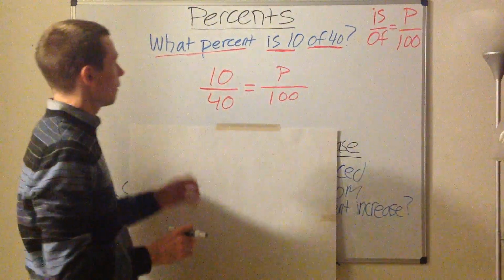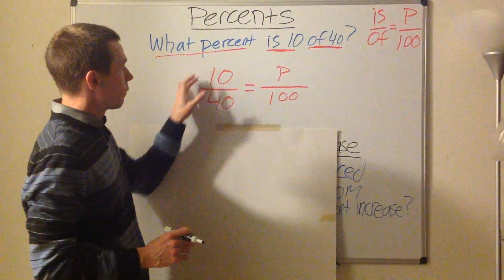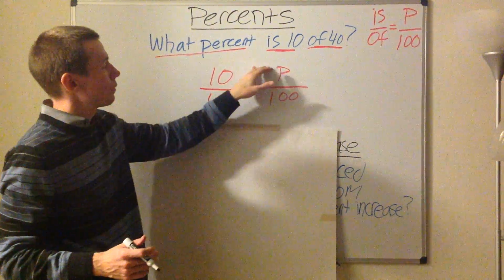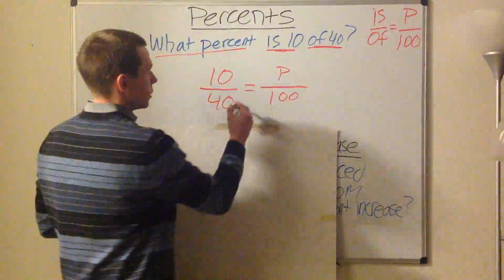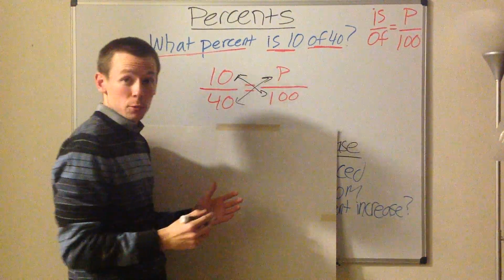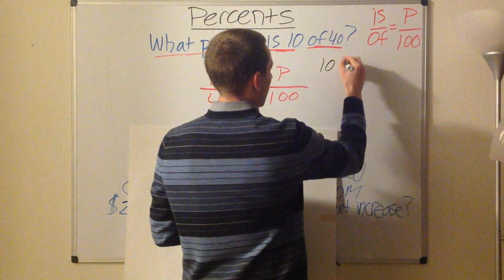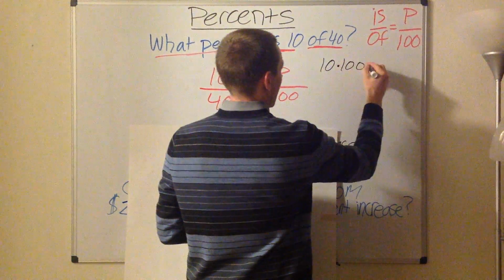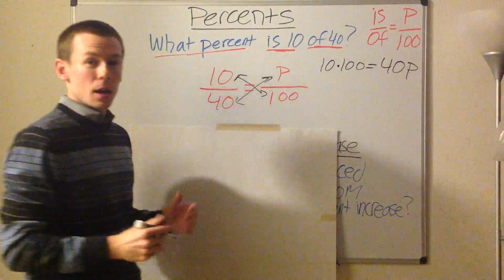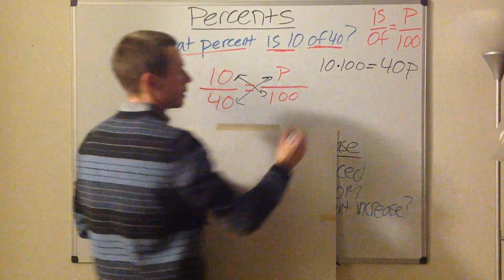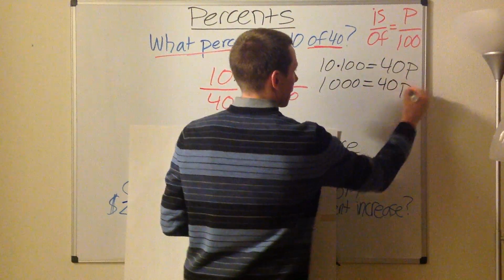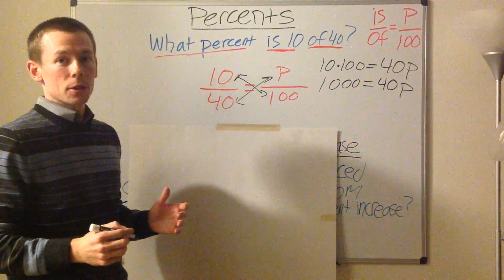Okay, so now we have our proportion set up. 10 over 40 is equivalent to what out of 100? So we will cross multiply. 10 times 100 equals 40 times P. 10 times 100 equals 1,000.